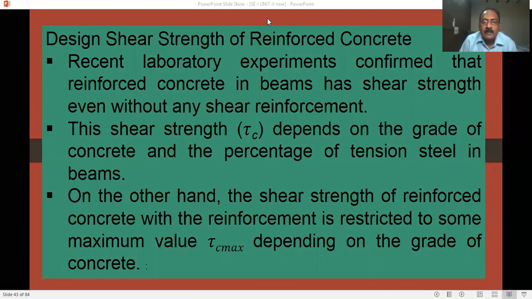If you observe this table, this is tau_c max. Here tau_c max depends upon your grade of concrete. So then you have to redo and redesign your section. These are all very important points. You have to observe carefully.